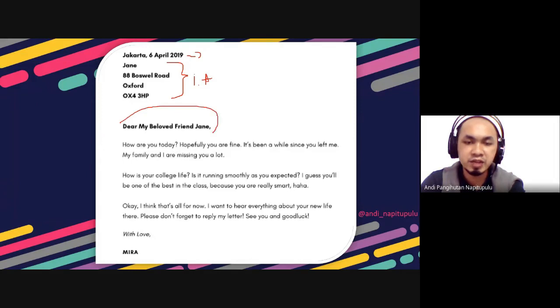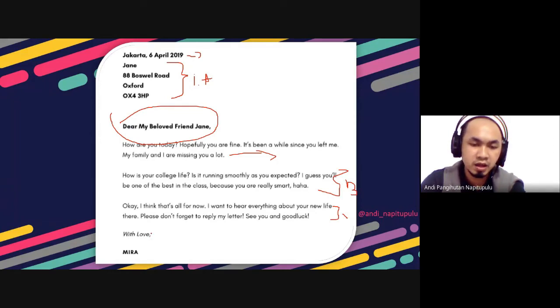This is the salutation. This is the introduction, this is the body, and this is the closure. And this is the "With love," which is not really formal, actually. This is informal. There is a signature here and your name here. So this is the example of a personal letter.